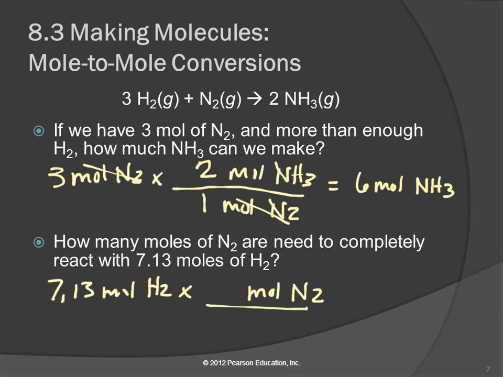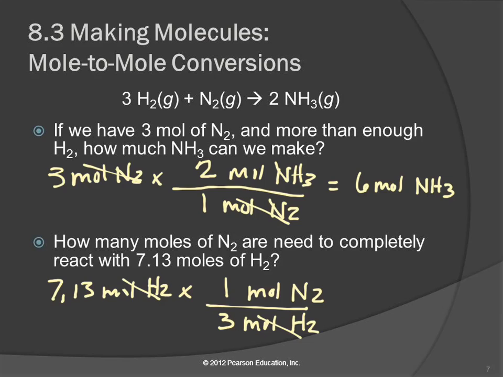So I want to multiply by moles of nitrogen and divide by moles of hydrogen. So the units work out. The relationship between these moles comes from the balanced chemical equation. For every 3 moles of hydrogen, I need 1 mole of nitrogen. So 1 mole of nitrogen, 3 moles of hydrogen.